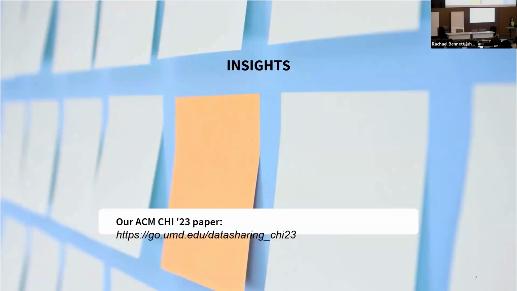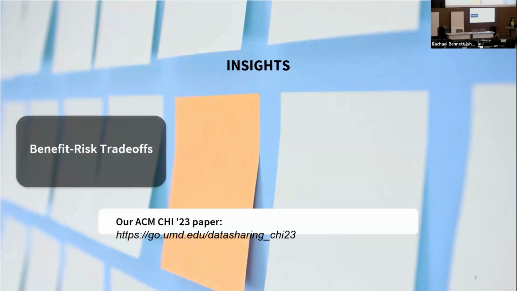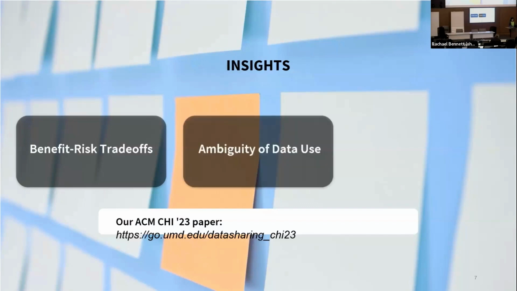We gained so many insights from this interview, and we invite you all to read our paper published at CHI 2023. Sorry about the formatting here. In brief, we found interesting ways blind people assess benefit-risk trade-offs when it comes to sharing their study data. And they also expressed concerns over ambiguous data use.